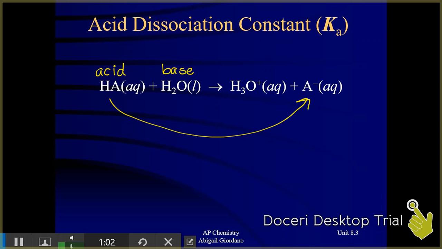And what HA becomes after it donates that hydrogen is A minus. Remember, that is referred to as the conjugate base. And what the base becomes after it accepts that hydrogen ion is called the conjugate acid. So I just wanted to review those vocabulary terms with you.